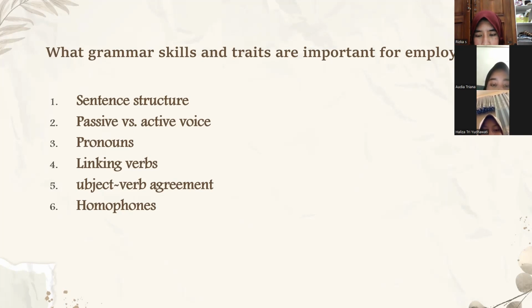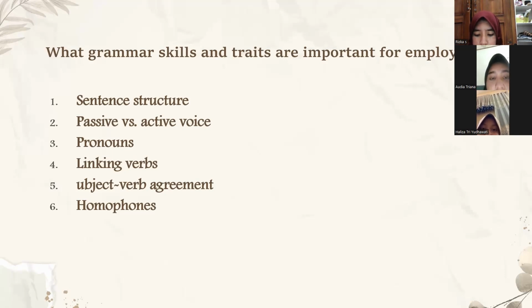And then subject-verb agreement. A verb must agree with the number, person, or gender of the subject of the sentence. For example, in English, the verb be in the present tense changes depending on the subject: I am, you are, she is, etc. For effective communication, employees need to know and apply the correct subject-verb agreement rules.